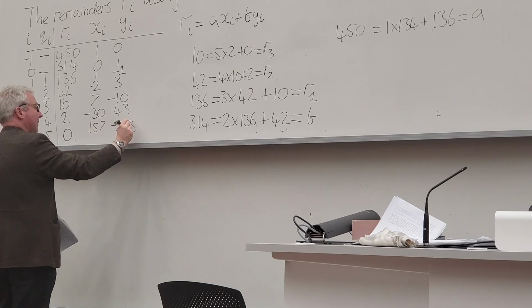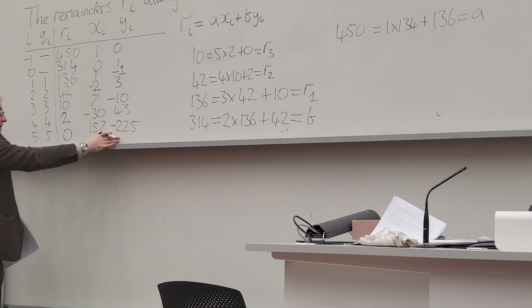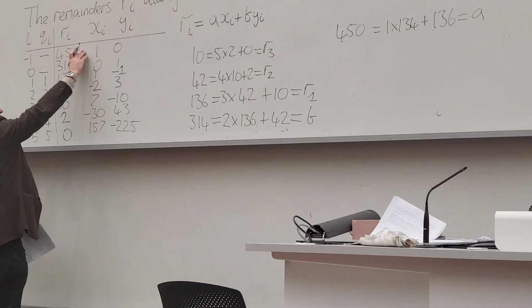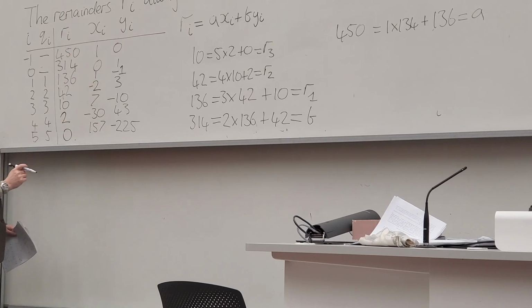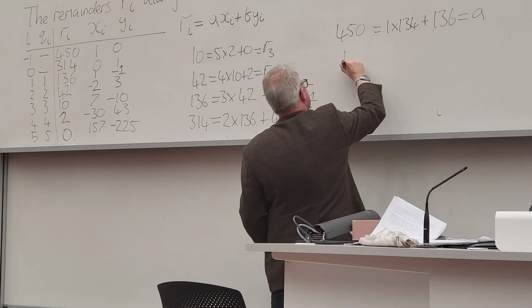So that's B. So we know what B is, and then with A, 1 times 314 plus 136. So that's going to be 4, 4, and 10, 450.